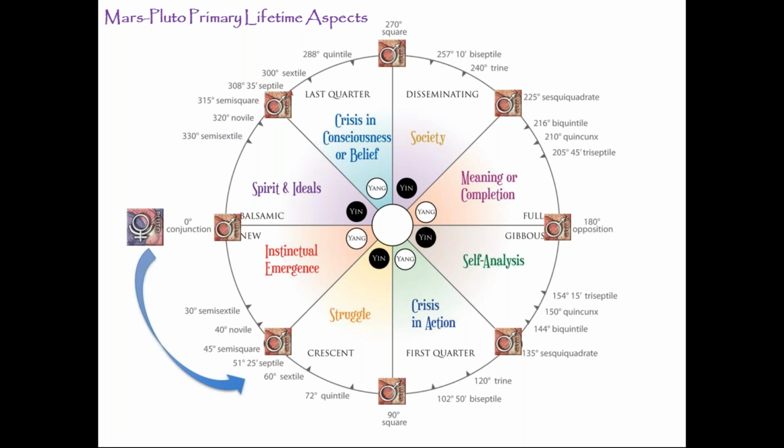You can see then Mars at the 45, 90, 135, etc. mark. And so this is showing you the 8, 9 lifetimes that we will all have with these specific Mars-Pluto phases.